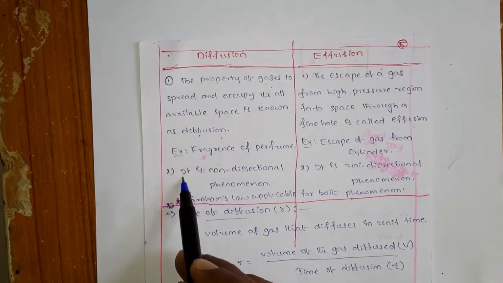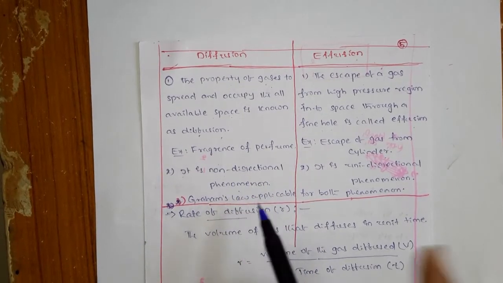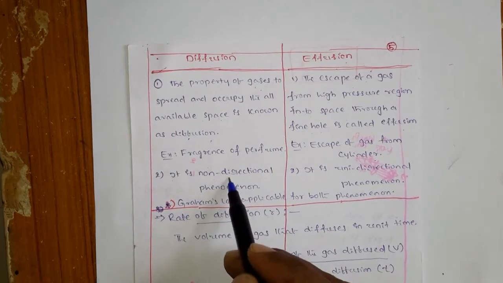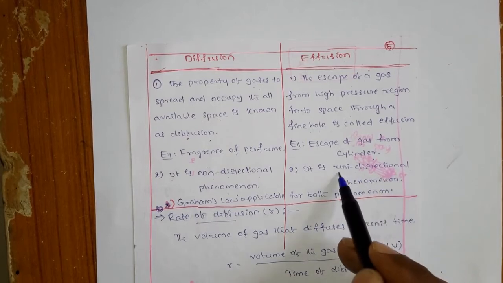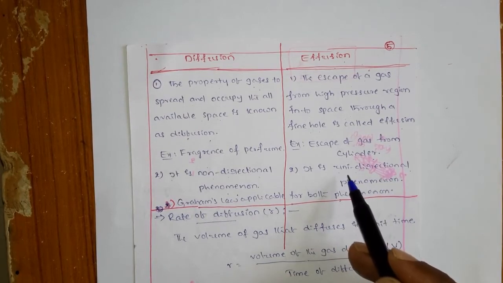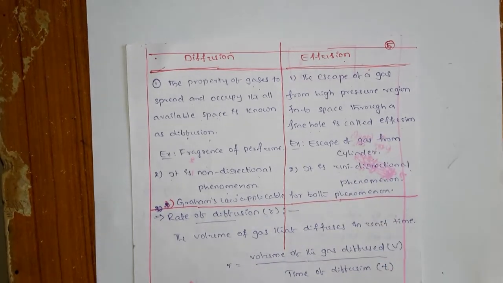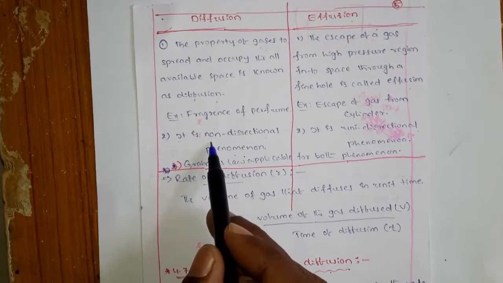Diffusion is a non-directional phenomenon. When you spray a perfume, it goes in all directions. Effusion is unidirectional: the gas passes from high pressure to low pressure in one direction.